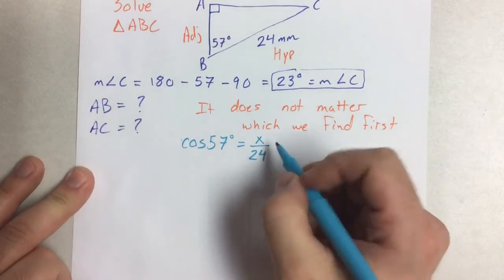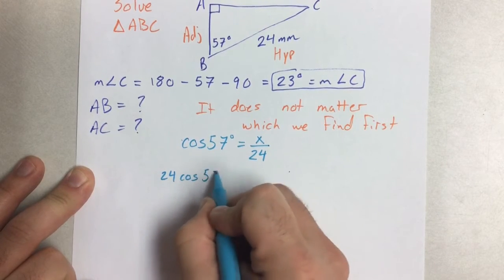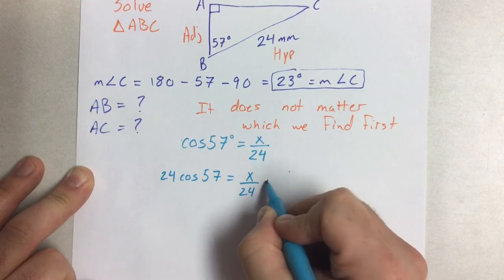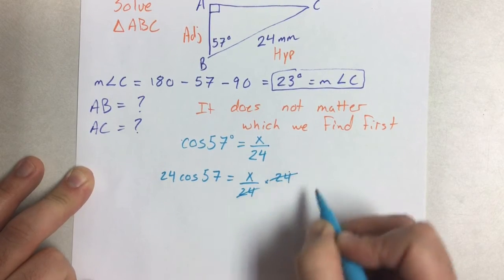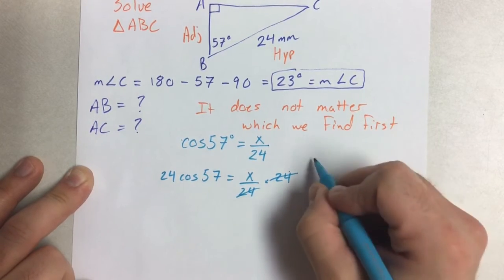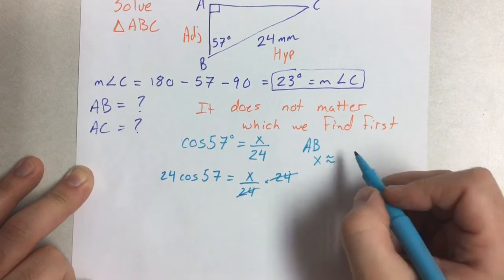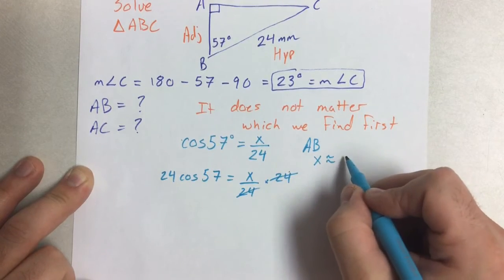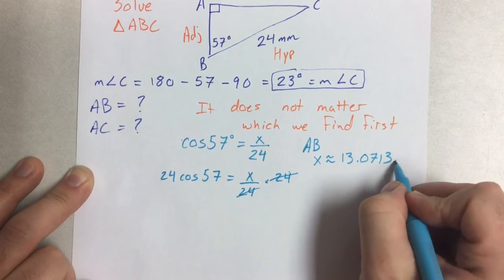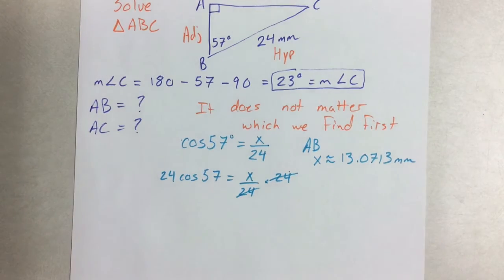I like the fact that I can just multiply by 24. Since 24 is in our denominator, I can multiply by 24 to remove it, and x has been solved. So AB is approximately 13.0713 millimeters.